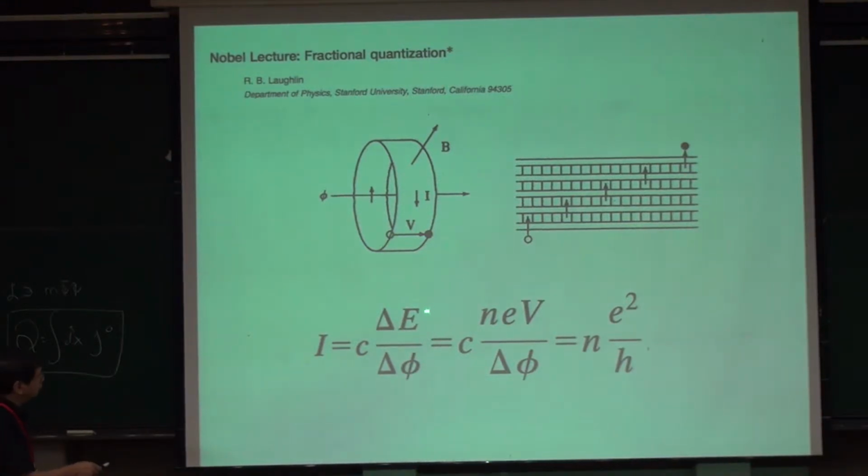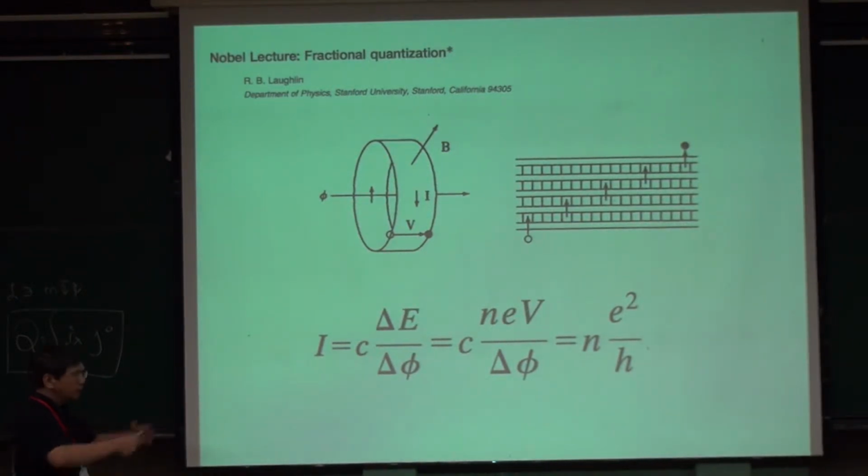The change of the energy is just the energy difference if you move an electron from the left-hand side to the right-hand side, and since the potential difference is V, the change in energy will be eV. If you transfer n electrons, there is an extra factor of n. And then you just calculate this, and the answer comes out right.